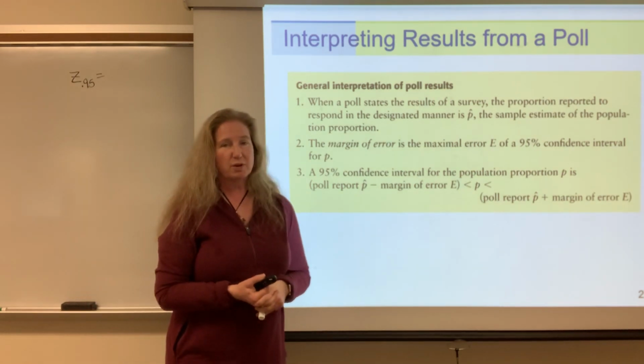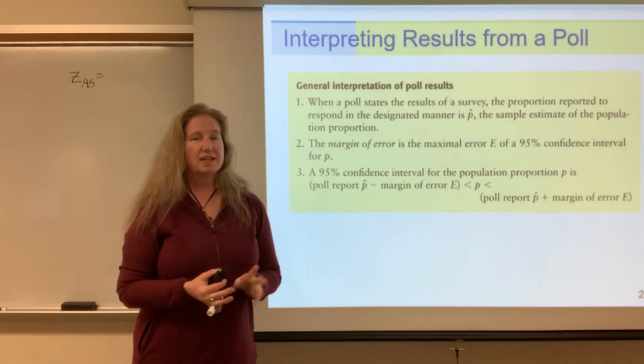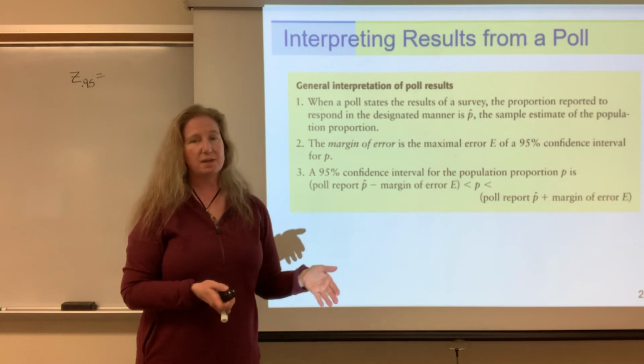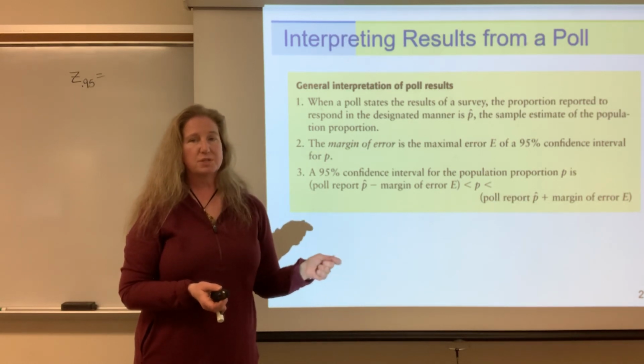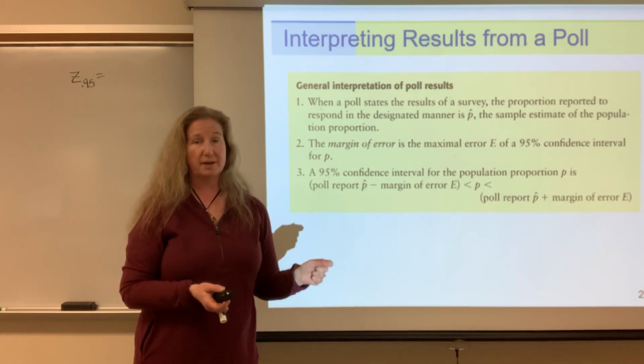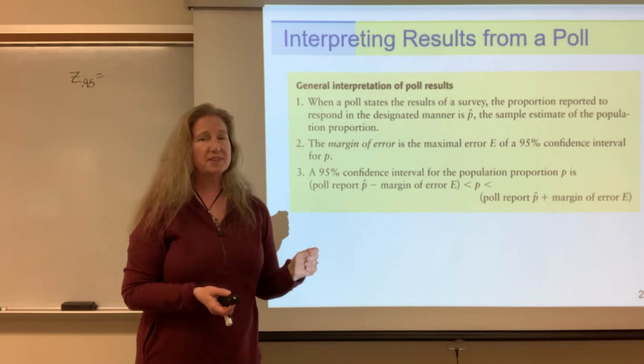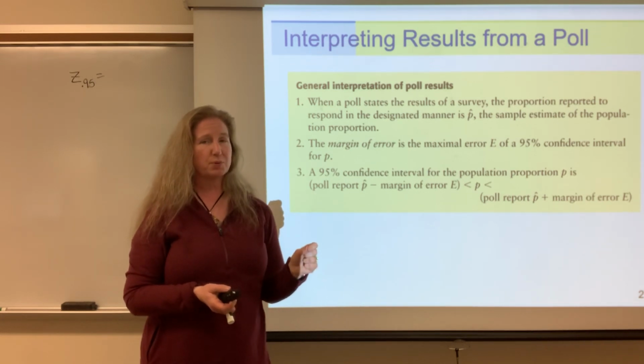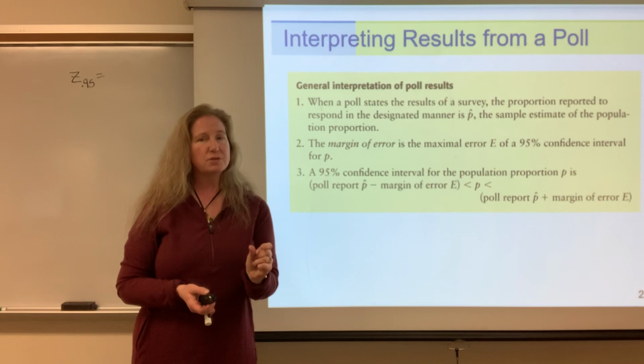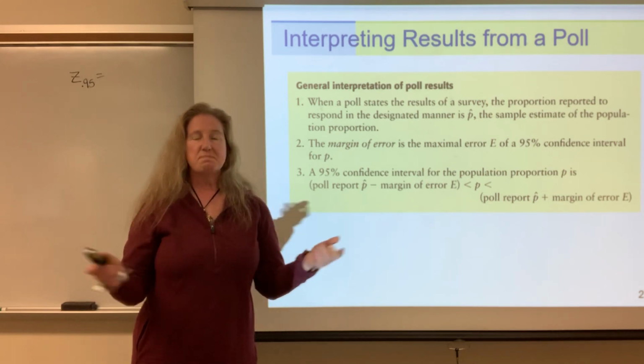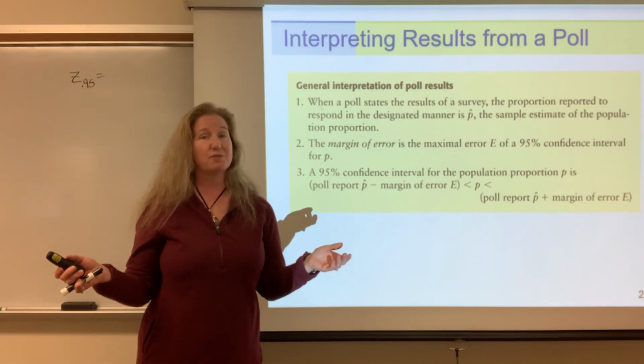Back when President Trump was elected, literally the day before the election, it was predicted that Hillary Clinton would win. But if you looked at the way the poll was reported, they were so close that the margin of error meant that really neither of them was ahead.